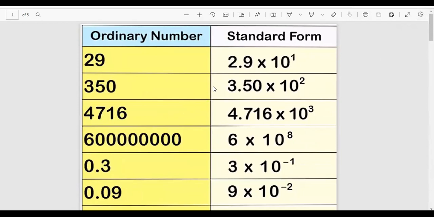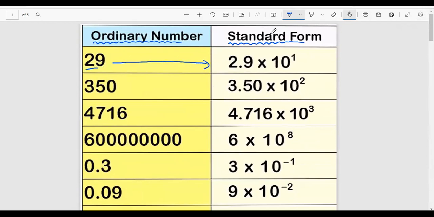Right now we are discussing how to convert an ordinary number to standard form. Forget about how to convert a number in standard form to an ordinary number. That is easy. We have discussed that already, and again, we will talk about it. For now, we will see how to go from here to here.